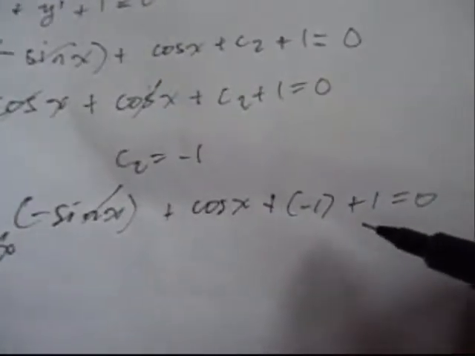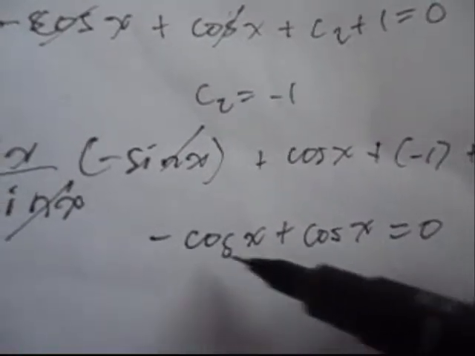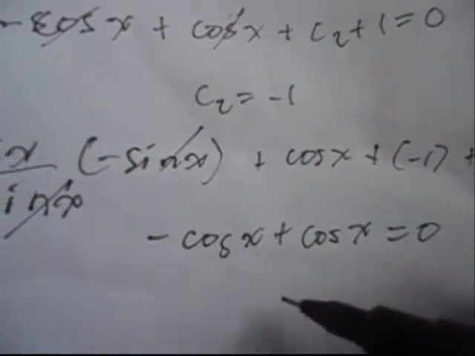Cancel, and negative 1 plus 1 equals 0. So we have the remaining negative cosine x plus cosine x is equal to 0, which means the left side of the equation is equal to 0. So 0 equals 0.